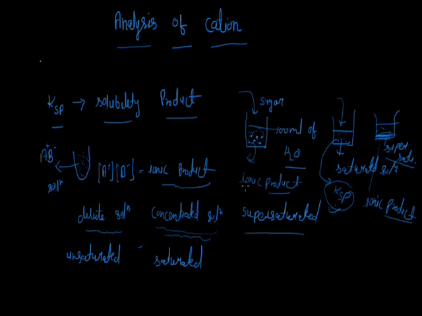On the basis of these three solutions, that is unsaturated, saturated and supersaturated, for the formation of precipitate, it's compulsory that ionic product is greater than solubility product, that is KSP. When ionic product is greater than KSP, that situation is called supersaturation, and in the supersaturation state, the solute settles down in the bottom, that is called precipitate forms.